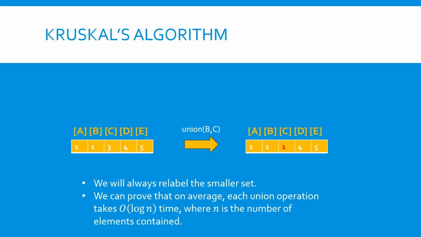More importantly, if we always relabel the smaller set, the average time complexity for the union operation becomes O(log n), where n is the number of elements. There are other ways to implement the union find data structure, which will lead to different time complexities for the union and find operations. If you are interested in those topics, you are encouraged to find more information online.